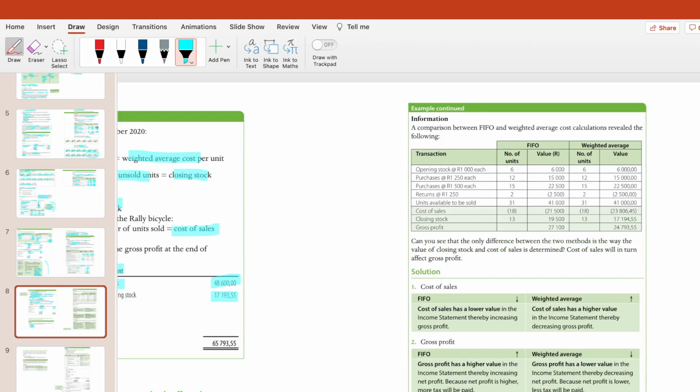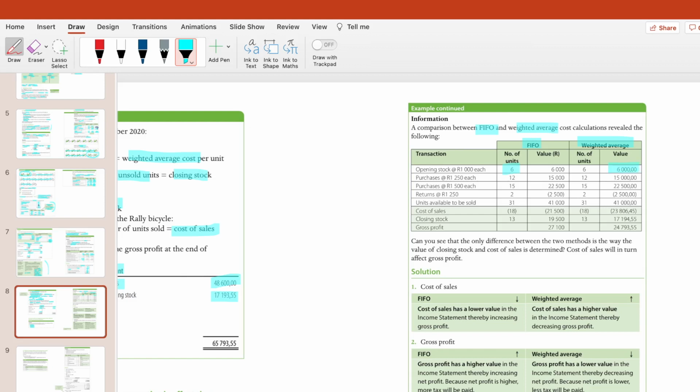In a comparison between our first in, first out and weighted average calculation, we see the following. There is our first in, first out, and there's our weighted average. In the beginning, there is 6 units left, and it's 6,000. That was the same in both.